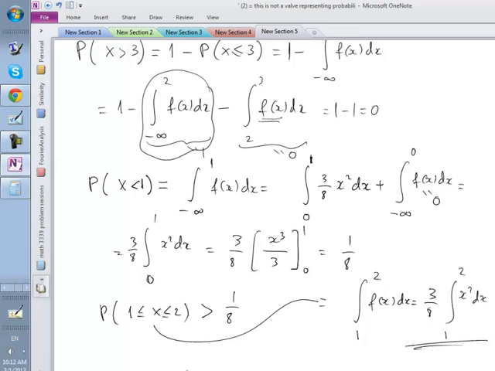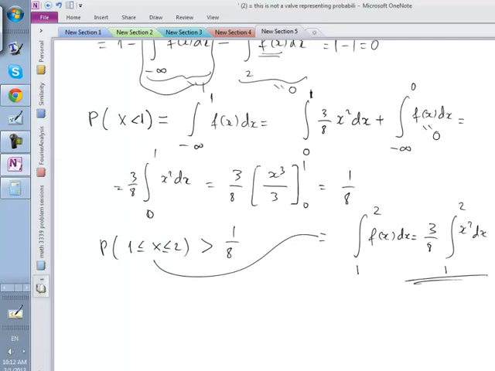If I ask you, is the median X of the extra time the professor uses greater than 1? The answer would be yes, because the probability that x is less than or equal to 1 is 1/8, which is less than 0.5.